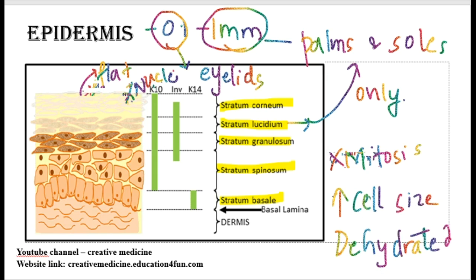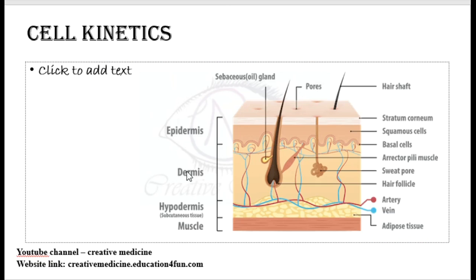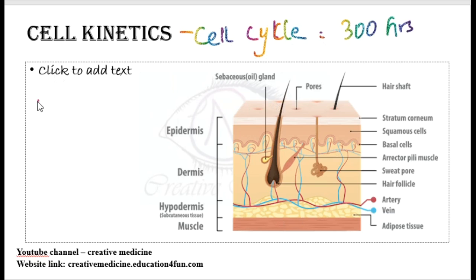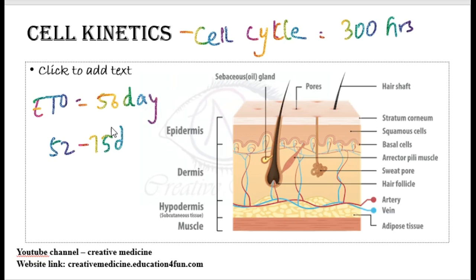Cell kinetics. Cell cycle of keratinocytes is 300 hours. So epidermal turnover time is 56 days, that is 52 to 75 days. The cells from the stratum basale to reach stratum corneum take 14 days.